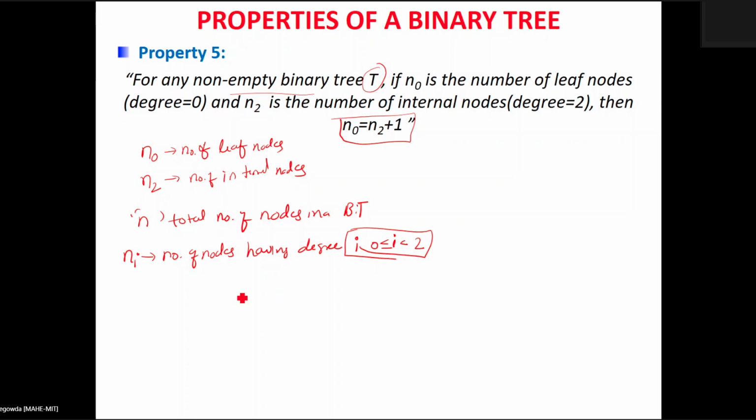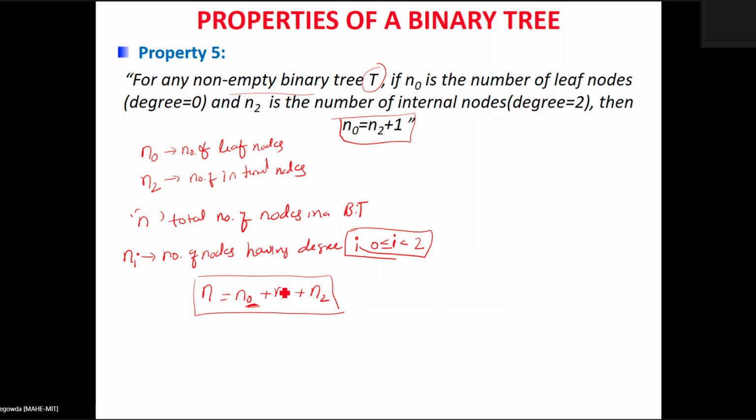In that case, how do you calculate the total number of nodes? The total number of nodes we can calculate as n is equal to n0 plus n1 plus n2. For any given non-empty binary tree, the total number of nodes, depending upon the degree of the nodes in that tree, can be calculated by using this equation. n0 is the number of nodes with 0 children, which are nothing but the leaf nodes.